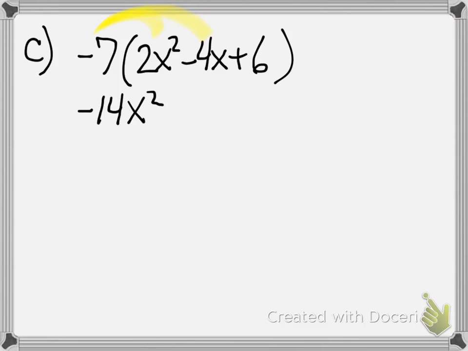This is where if you want to put minus the negative 28x, or if you just want to write plus 28x, it's your choice. But it's negative 7, either minus, then multiply by 4x, or just times the negative 4x. And then the last one, negative 7 times 6, makes negative 42.